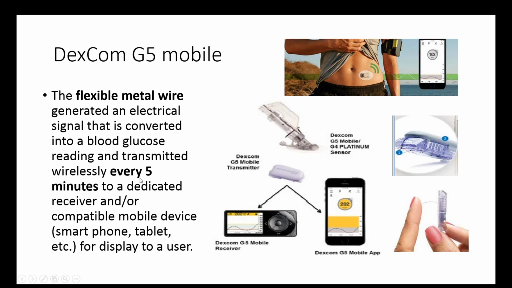So you get measurements every five minutes, and there is the interesting part because of the power management that I was telling you about. Look at this thing, it's pretty small. So you have a pretty short-range transmission to a local receiver, and that can transmit to a phone.